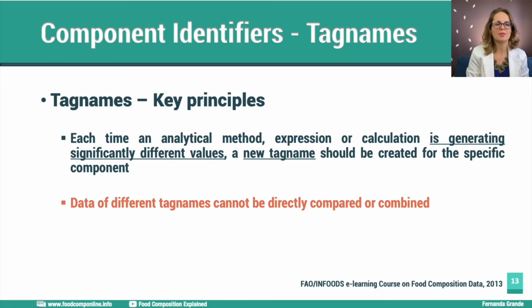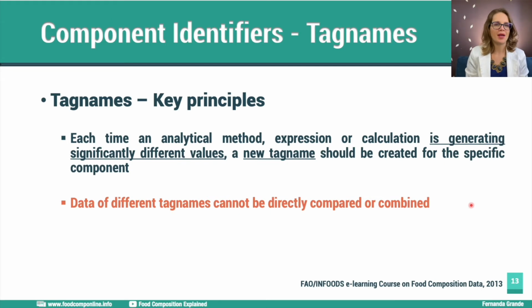Each time an analytical method, expression, or calculation method generates significantly different values, a new tag name should be created for this specific component. This is why data from different tag names cannot be directly compared or combined, making tag names a very useful way to clearly describe the components in a food composition table.